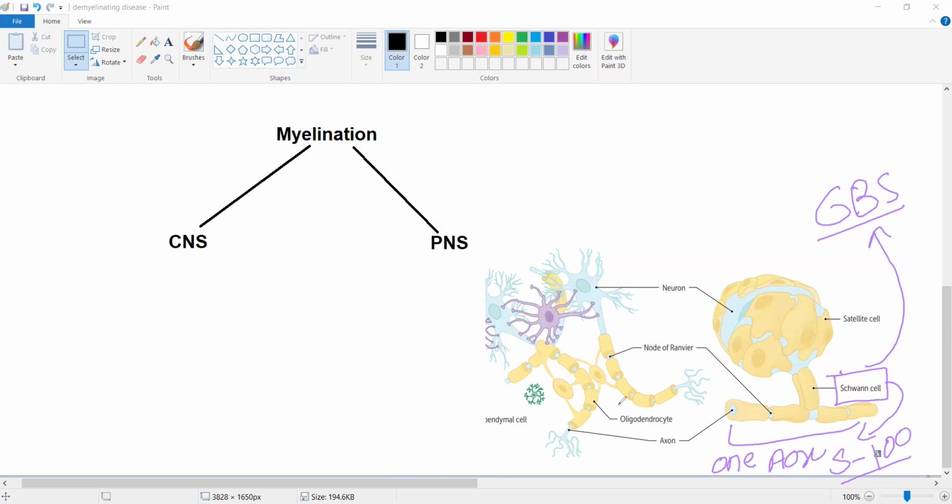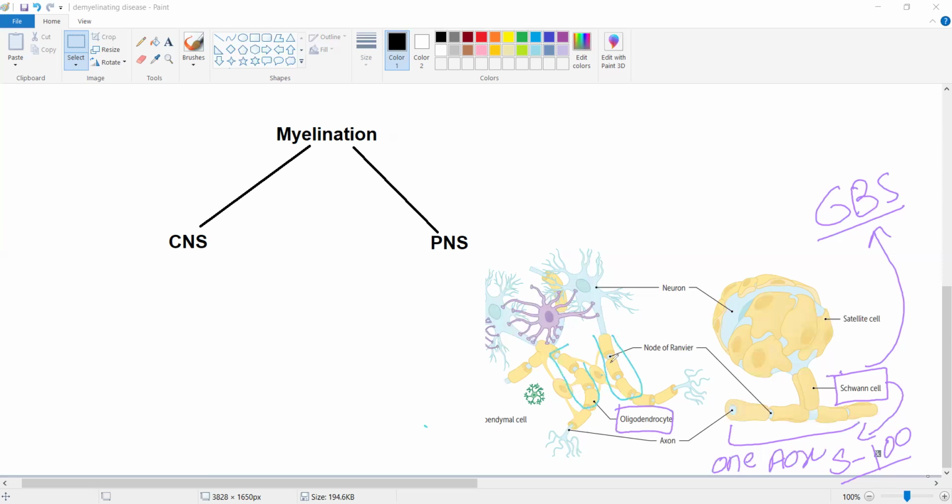While the oligodendrocyte myelinates many axons, up to 30. Look at this oligodendrocyte. What does it do? It myelinates this axon, and this is another axon.